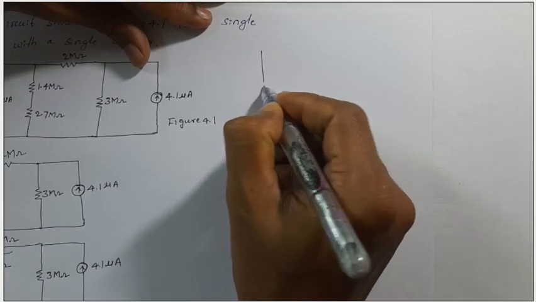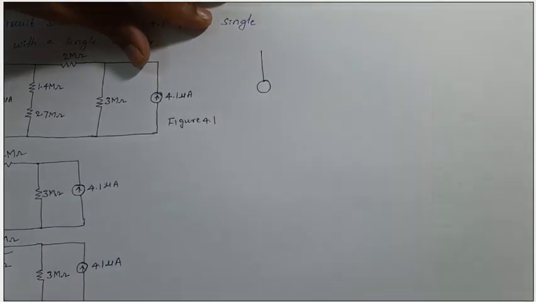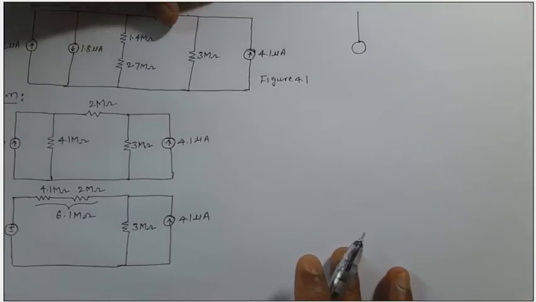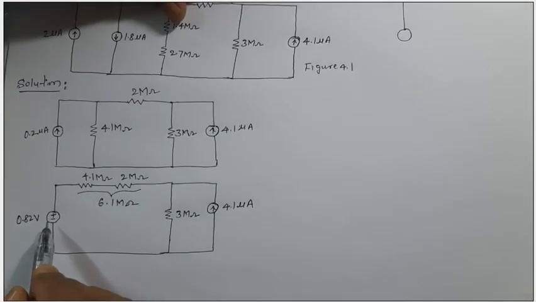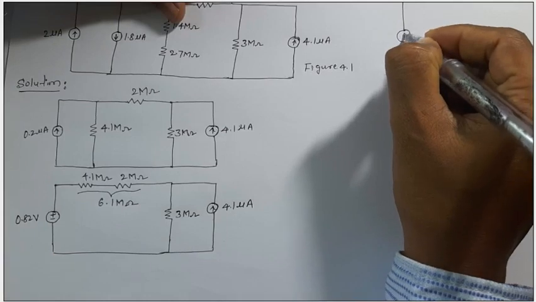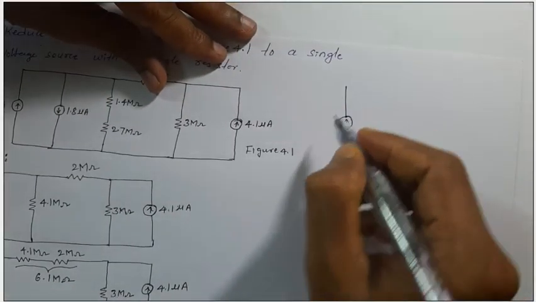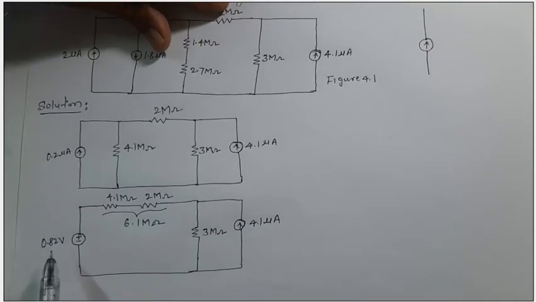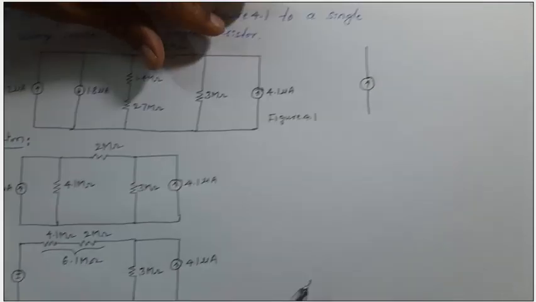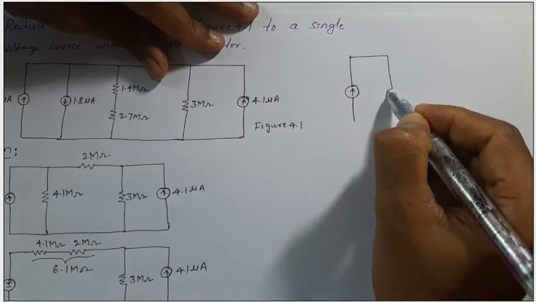Now this network we can redraw something like this. Here the 0.82 voltage source has its plus sign upward, because of that the arrow mark here will be upward, and this 6.1 mega ohm resistor will come in parallel with this current source.